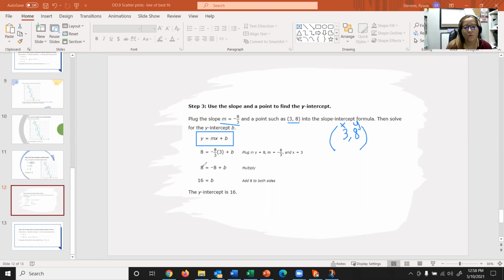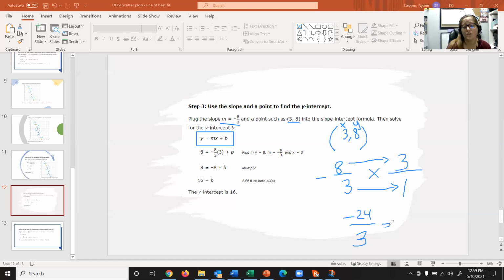So when we solve, we would get 8 is equal to, if you multiply this out, negative 8 over 3 times 3. We can set this up as a fraction, which makes it a little bit easier to look at, and you just multiply straight across. Negative 8 times 3 is negative 24, and 3 times 1 gives us 3. Then you can reduce this.